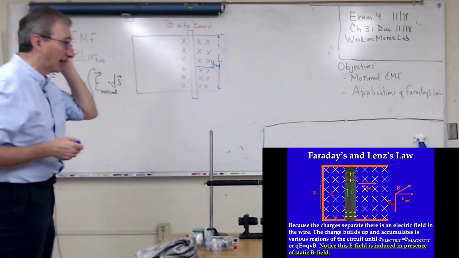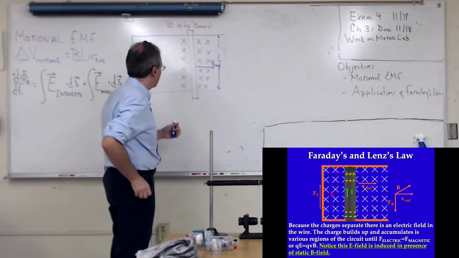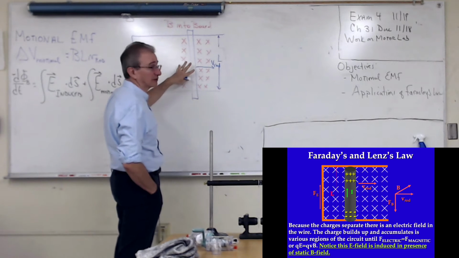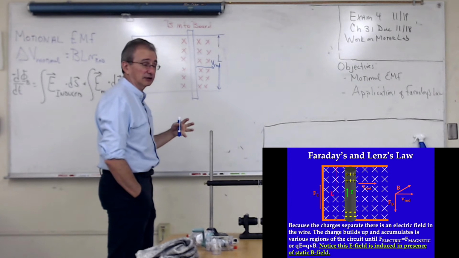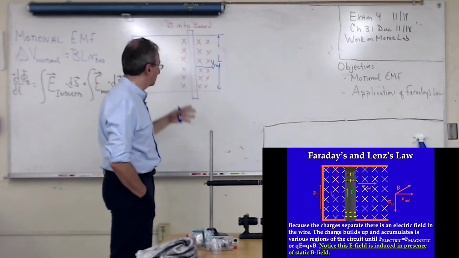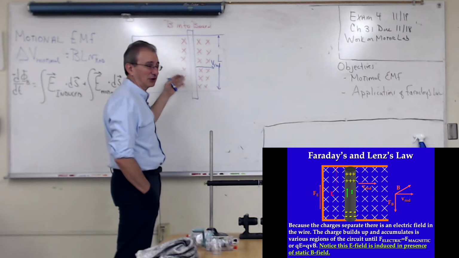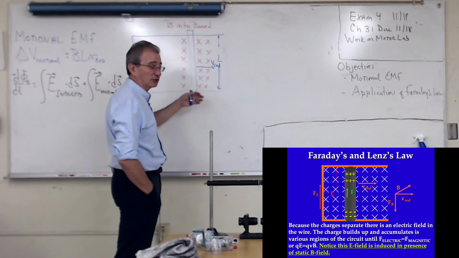And we said that since there's charges in this rod and the charges are moving in this magnetic field, the negative and positive charges are going to separate in this rod until the force on the charge due to the electric field that's induced is equal and opposite to the force on the charge due to the magnetic field.